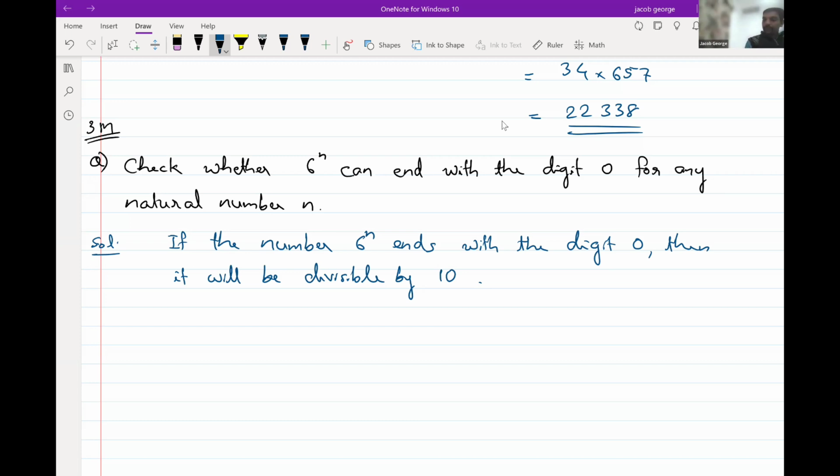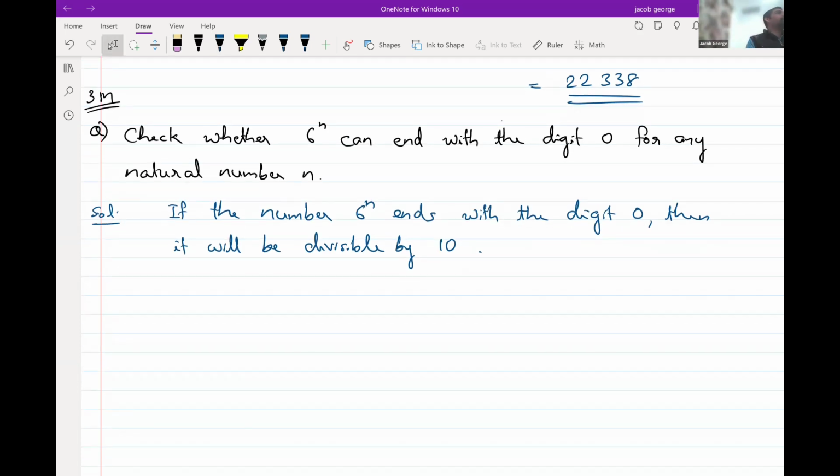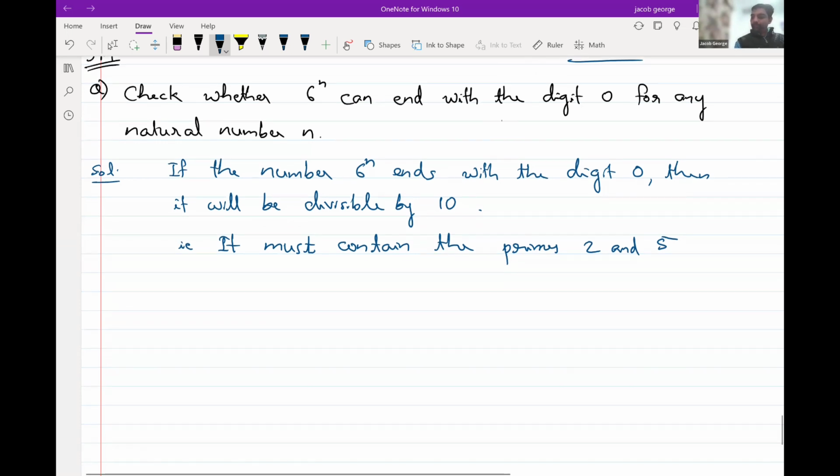Okay. That means it must contain the primes 2 and 5. That is, it must contain the primes 2 and 5.